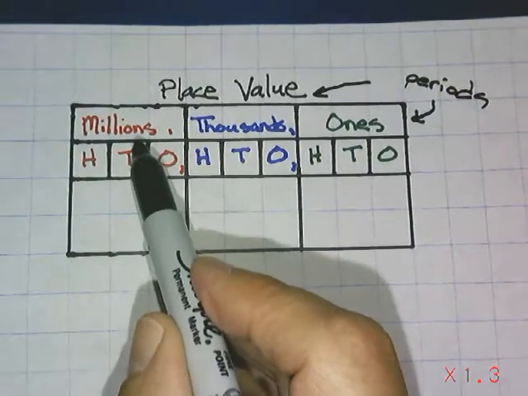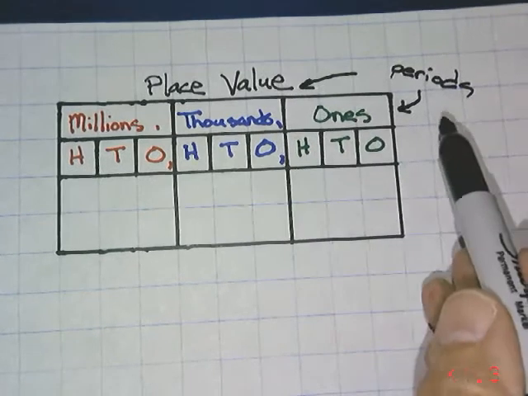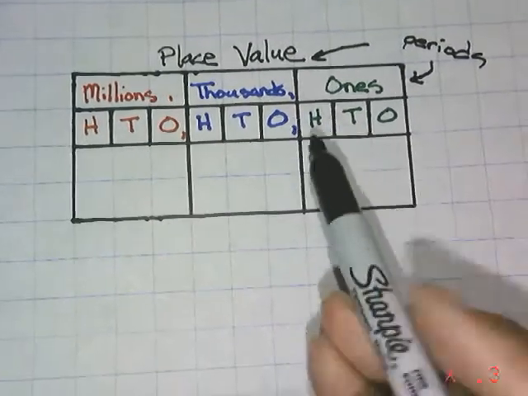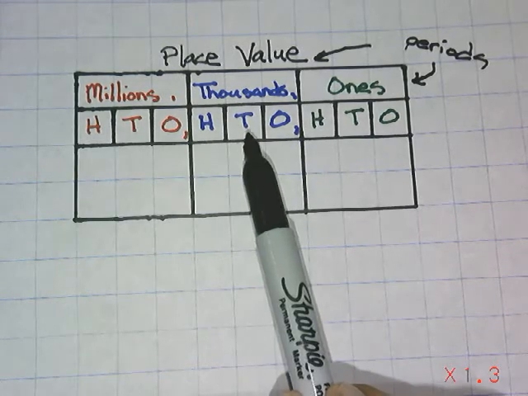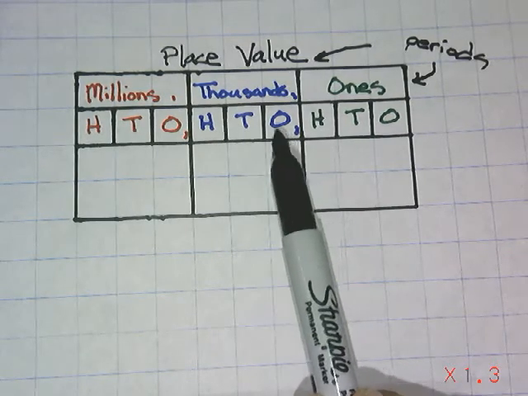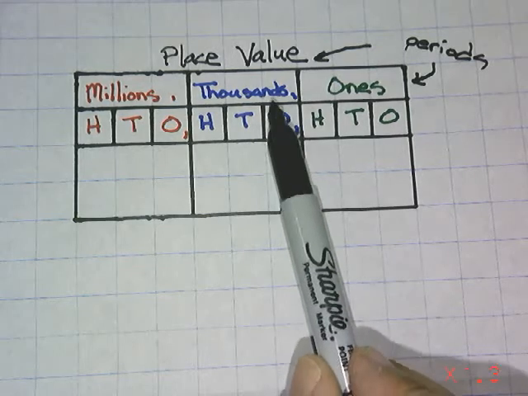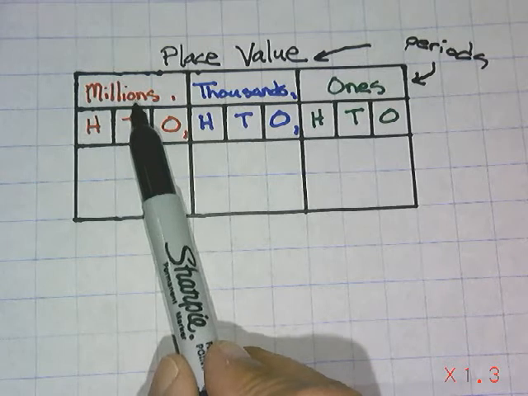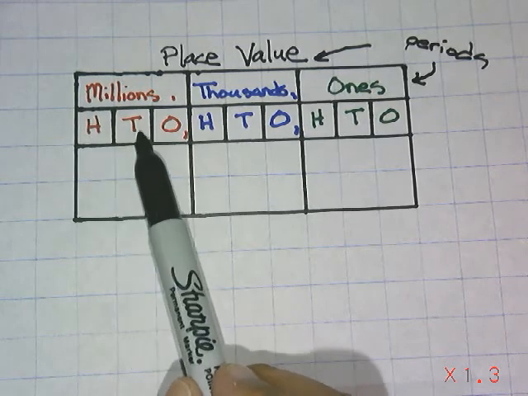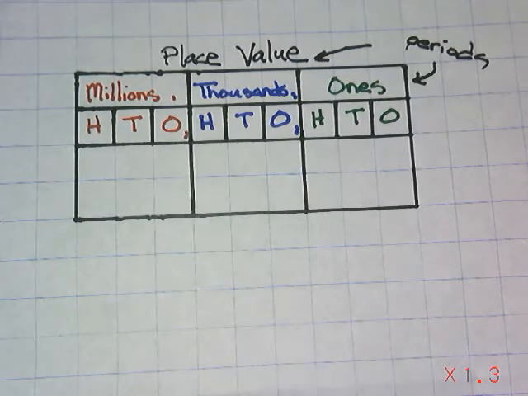And the millions, thousands, and ones are referred to as periods. The thousands period includes 100,000s, 10,000s, and 1,000s, although 1,000s mostly are just expressed as simply the word thousands. The millions period would be 100 millions, 10 millions, and 1 millions.